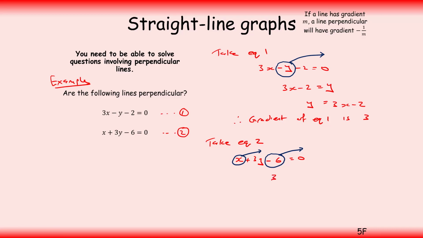That leaves me with 3y is equal to minus x plus 6, and dividing by 3, I get y is equal to minus a third of x plus 6 over 3, which is 2. So the gradient of equation 2 is minus a third, which means that the lines are perpendicular.